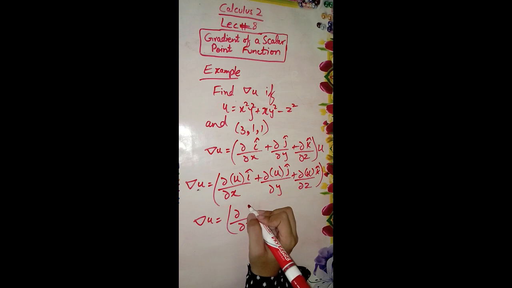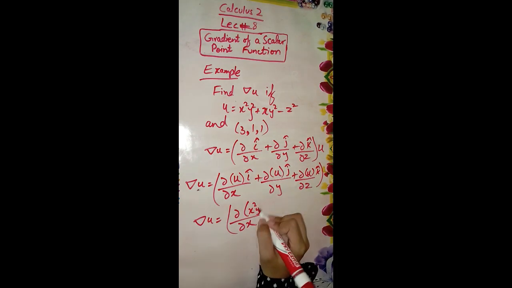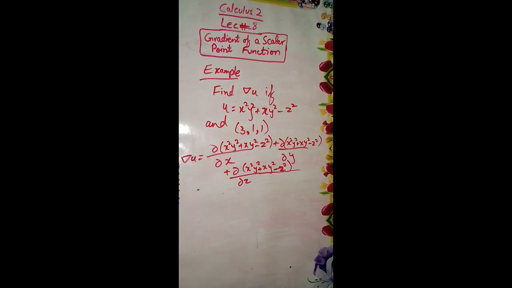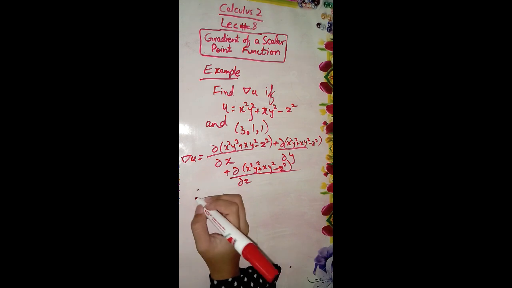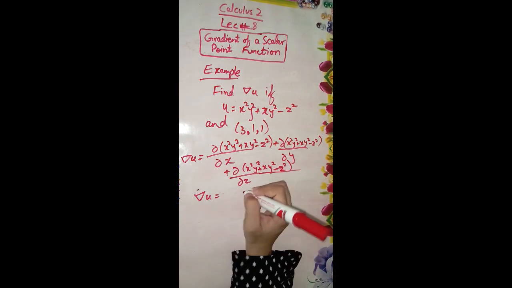Partial by partial of x, and the value of u given to us is x square y square plus x y square minus z square. And with y, partial by partial of y and the value of u, then plus partial by partial of z and the value of u. This is how our expression will look like. And now we will take the partial derivative with respect to x, y and z.